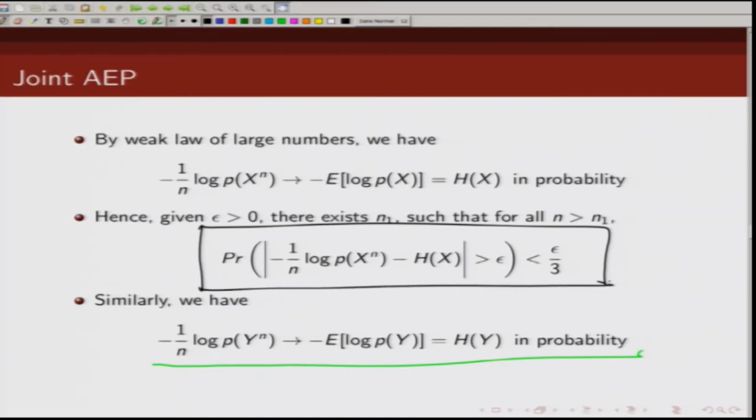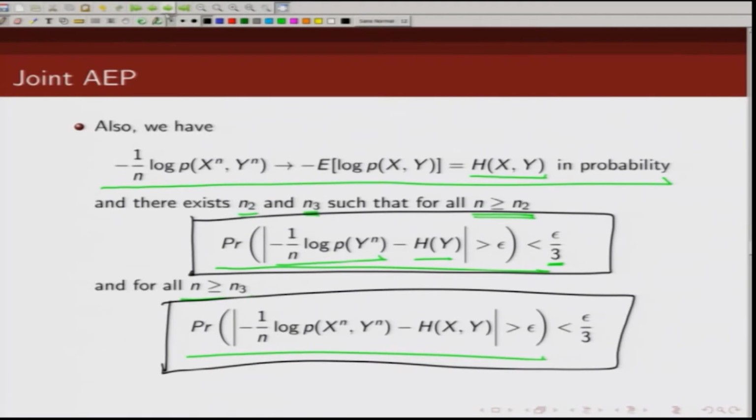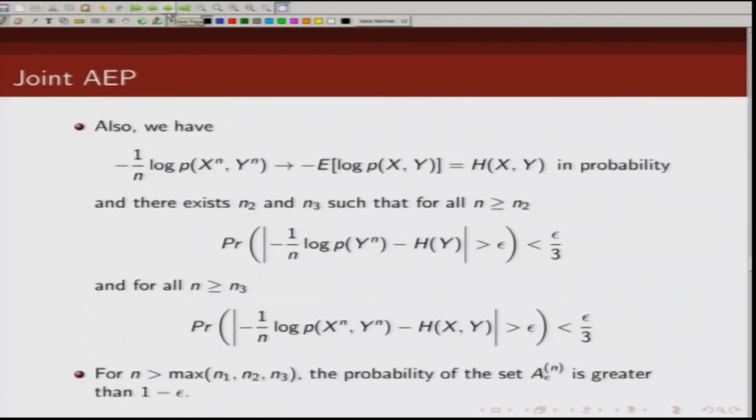If we combine these three conditions, what we get is that the probability of the jointly typical set is greater than 1 minus epsilon for all n greater than the maximum of n1, n2, n3.